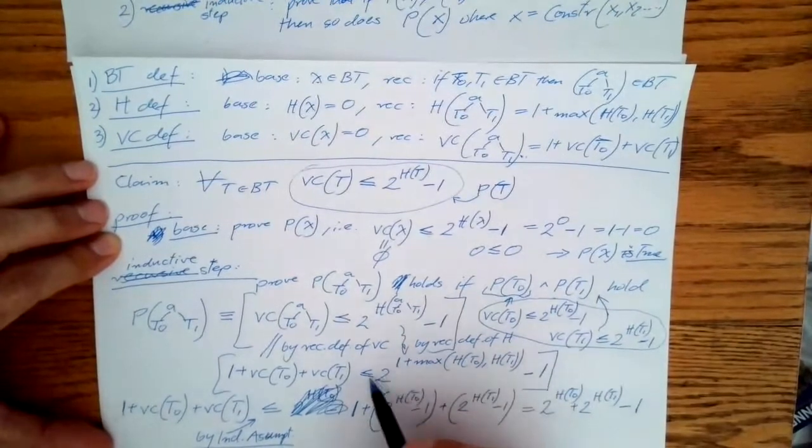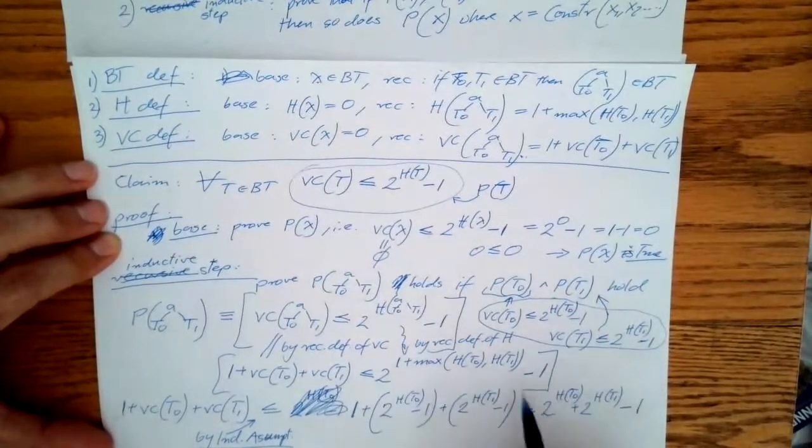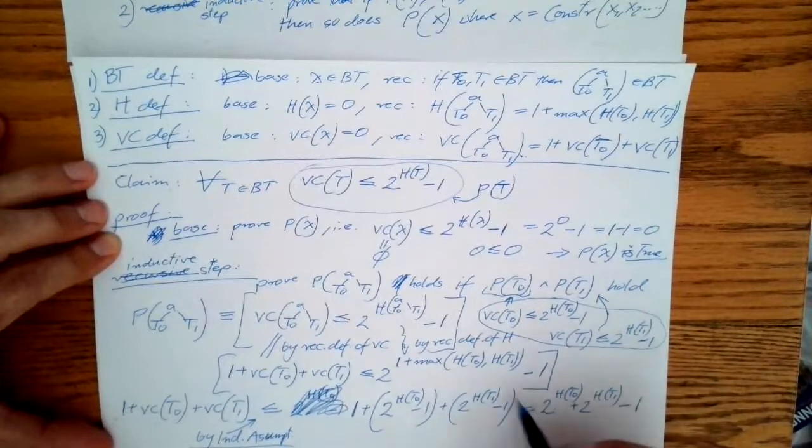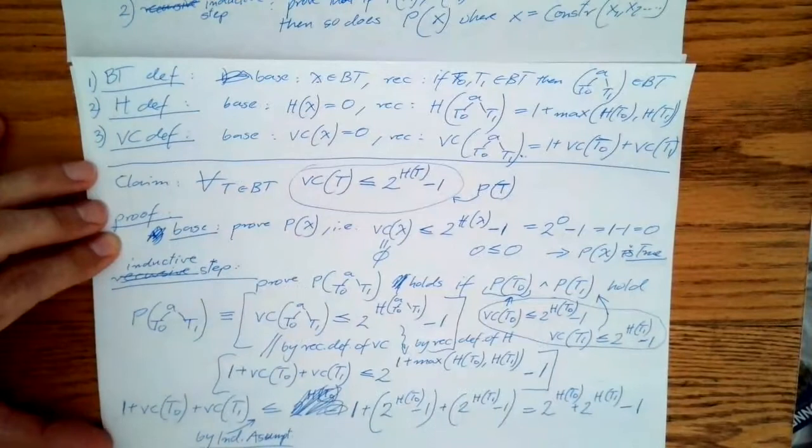Now this looks very promising, because now I have something that looks closer to the goal. What do I want? I would like this sum to be upper bounded by this. Well, let's see if this is true.